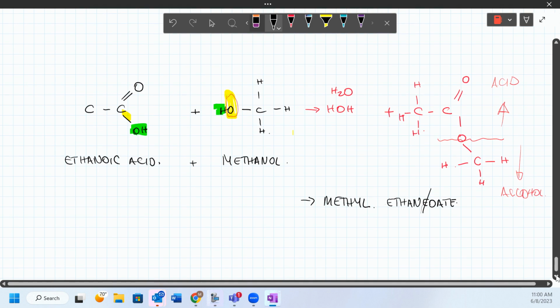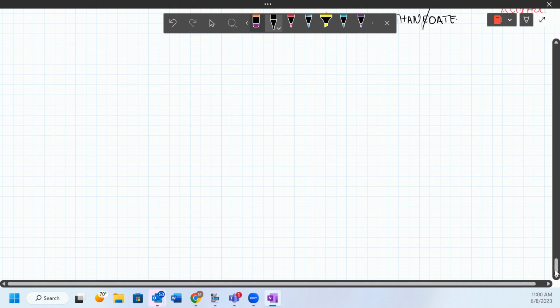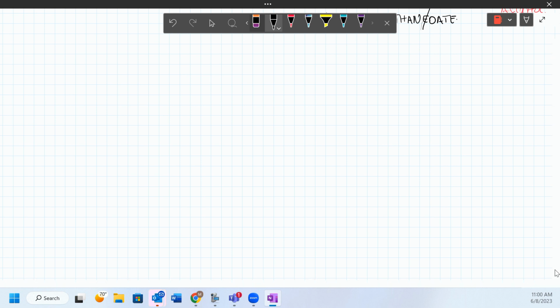This process in which one compound is bonded with the same compound over and over again, a lot of times this process is called polymerization.